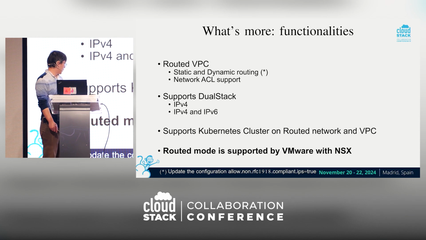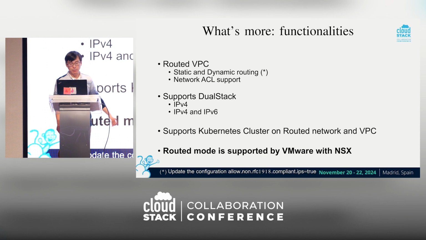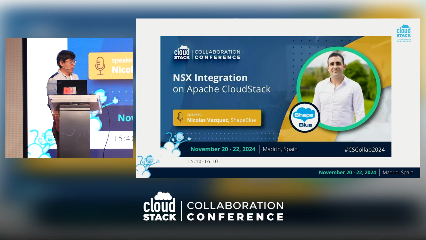It's also important to mention that the routing mode is also supported by VMware with NSX integration. If you are interested, please join the talk on NSX integration, which will be presented by my colleague Nicholas in this room.